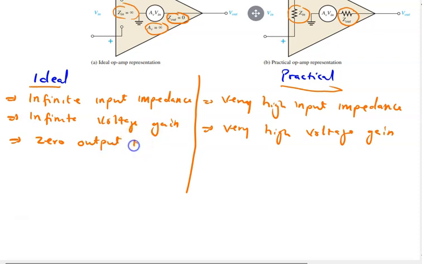Then we also have, for the practical, a very low output impedance. Do you get it?